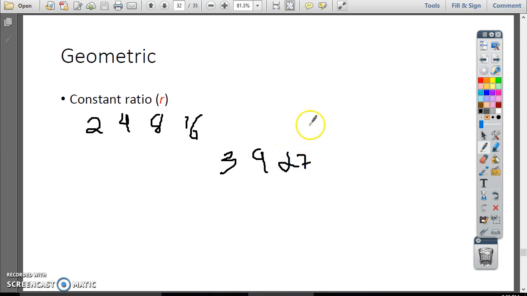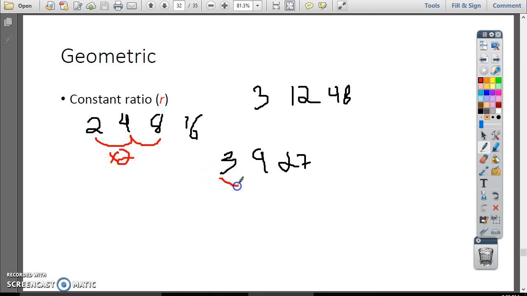You could also start with maybe 3 and go up by a common ratio of 4. So you go 3, 12, 48, and whatever 48 times 4 is. Okay? So the pattern with these guys is that we are multiplying by a set amount.